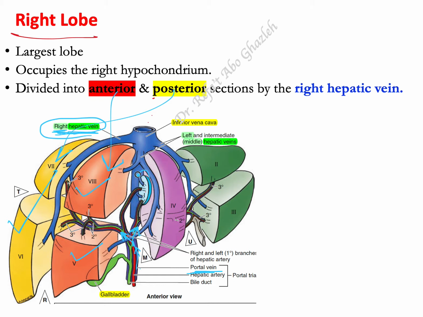And there is here the caudate lobe, it takes blood from both right and left. We'll talk about that. But let us focus now on the right lobe that receives the blood through the right portal vein, and most importantly, the blood is drained from the right lobe through the right hepatic vein to the inferior vena cava, right?